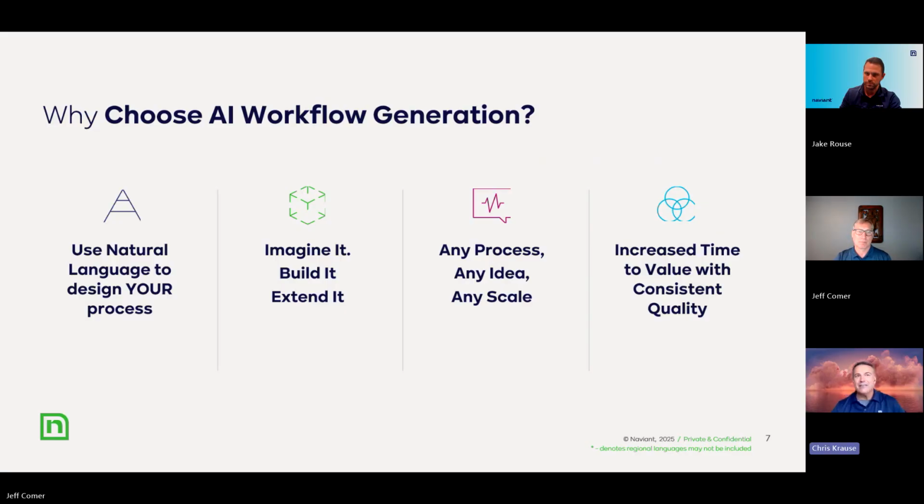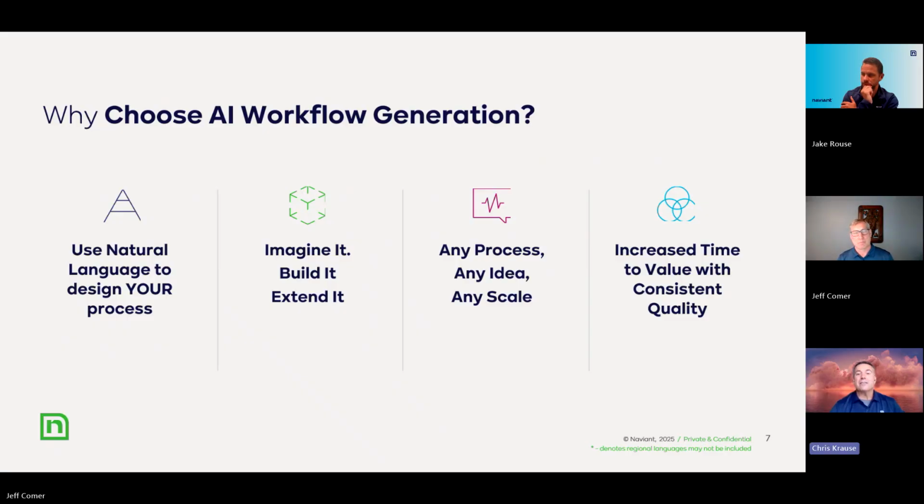And you can also extend your existing workflow processes. So if you want to add, say, a new exception process, AI can help you do that based on the existing process. And keep in mind, there are a lot of opportunities, especially in those backlogs, where you may have a process that you can see the opportunity for, but you maybe haven't taken advantage of it because you don't have the time.